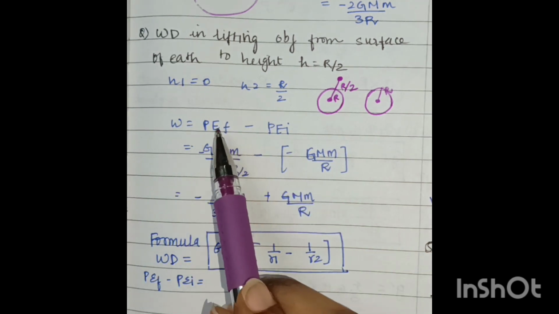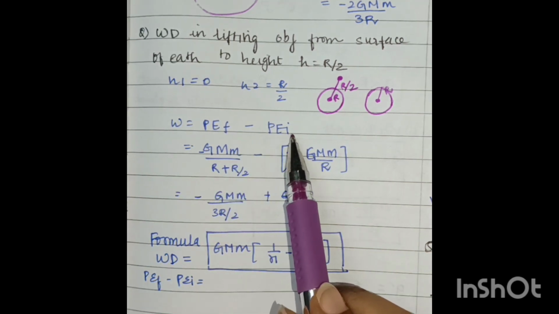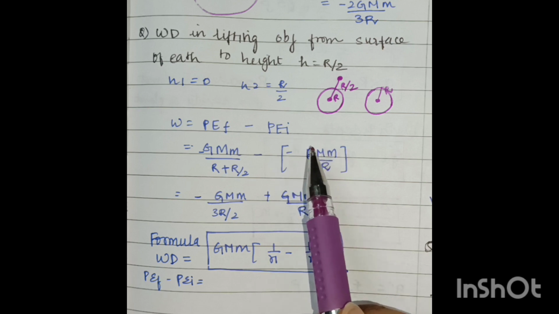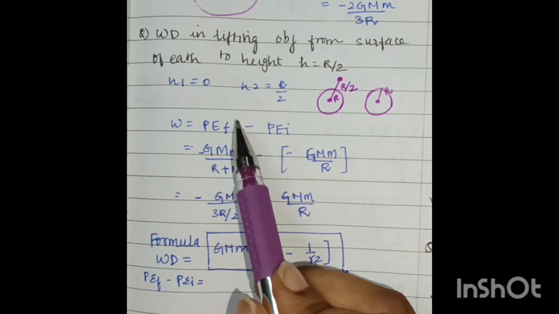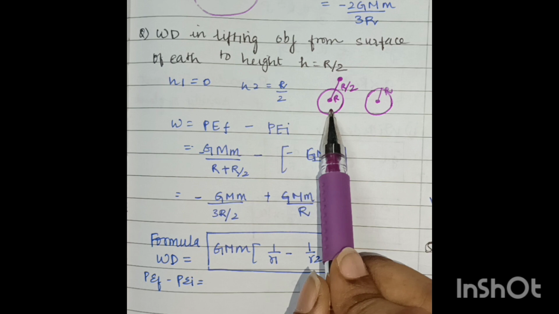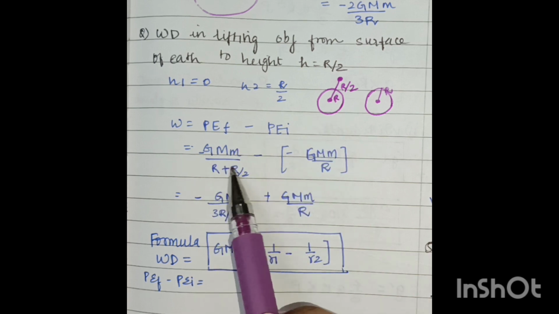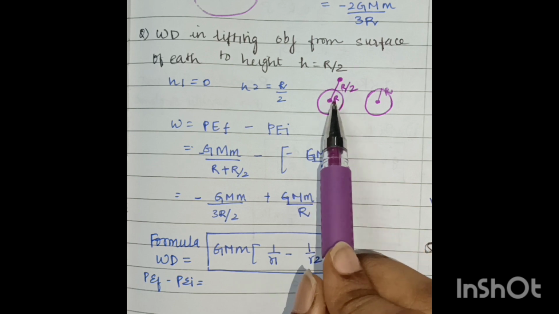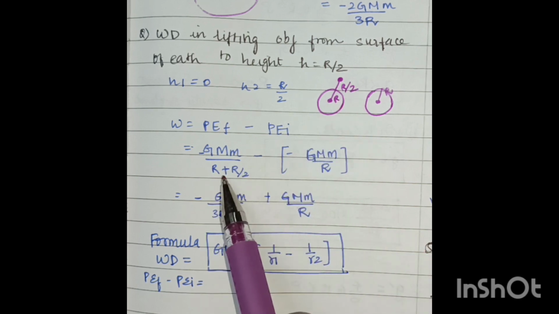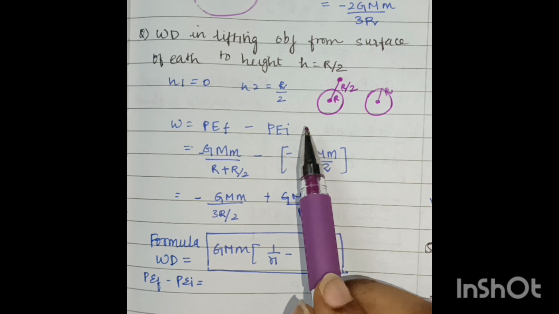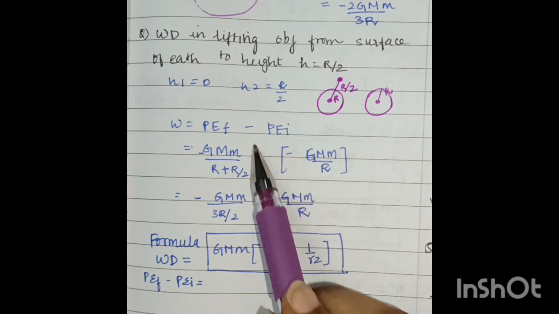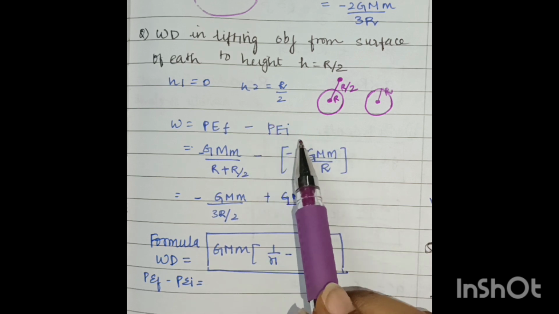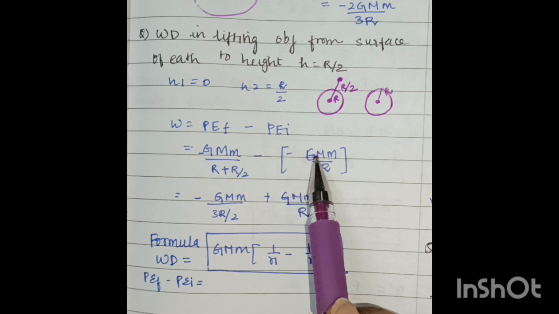Now work done is nothing but potential energy final minus potential energy initial, because here we are dealing with potential energy only. What is the final potential energy? This is the final case, minus GMm by the distance from the center of the earth, that is r plus r by 2. Minus the potential energy initial, which is minus GMm by r.